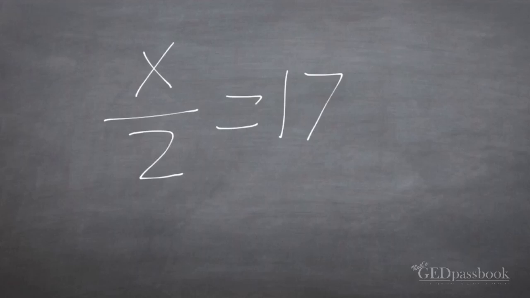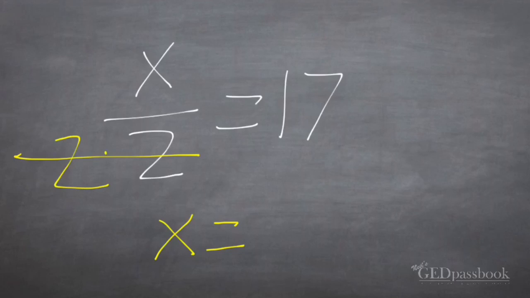What do you multiply? What you multiply is the bottom number, the denominator. If that's a 2, you're just going to multiply it by a 2. Cancels out. X is finally by itself. X equals, right? But remember what I said, what you do on one side, you do the other, right?